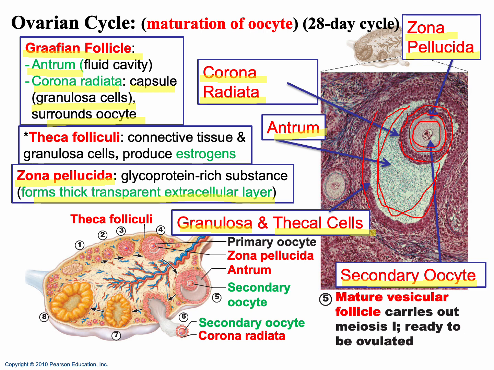So this area right back here contains those granulosa cells and thecal cells. So very important, these cells, the thecal cells, and likewise granulosa cells, critical for production of estrogen here.